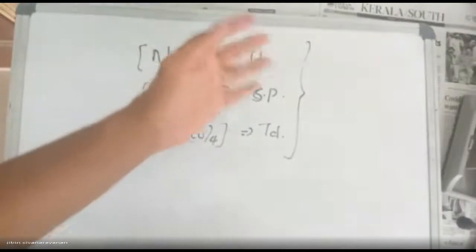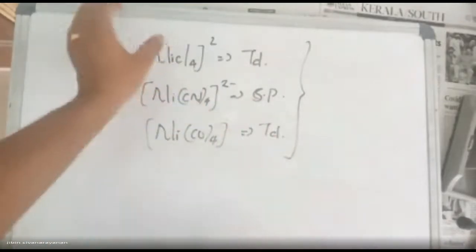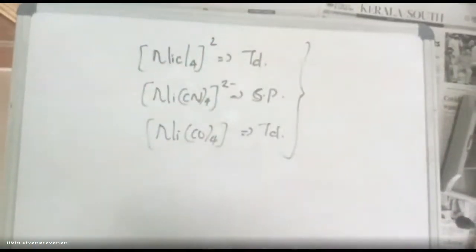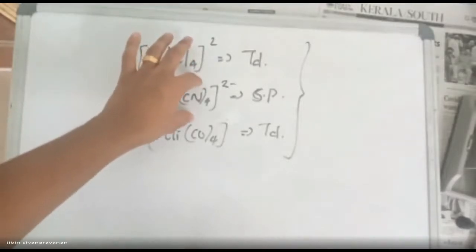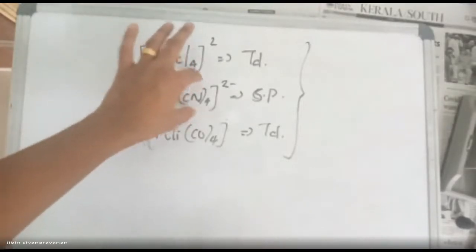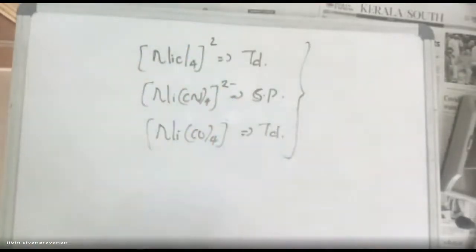The spectrochemical series is the arrangement of ligands from weak to strong. As far as that series is concerned, chlorine is a weak ligand, whereas cyanide is a strong ligand. When this metal is bonded with a strong ligand, that will give square planar complexes.